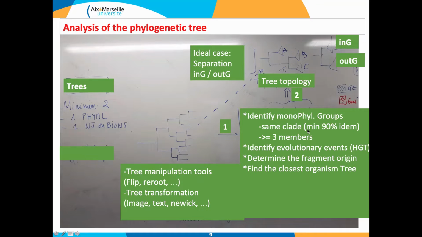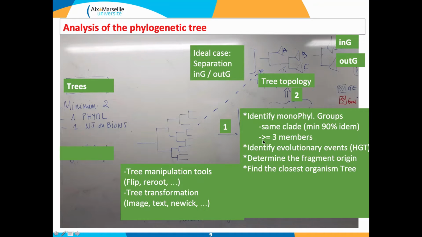So, coming back again, the first thing is to identify what is called a monophyletic group. It means you will go inside your tree and look for where you can put your nodes, and behind your nodes, 90% of the branches or leaves of your tree belong to the same clade.